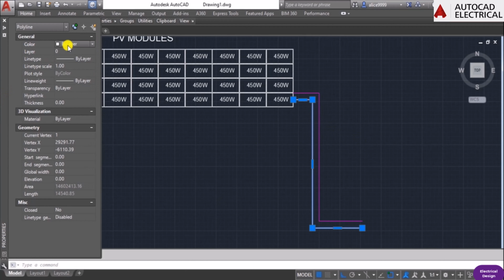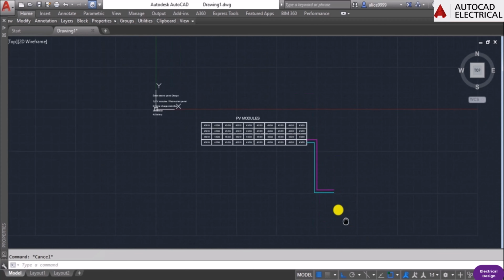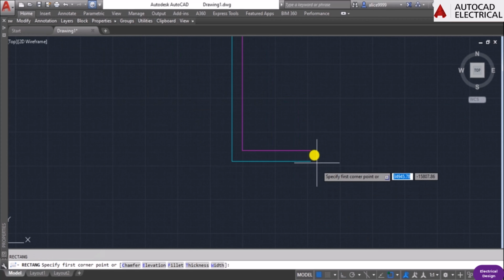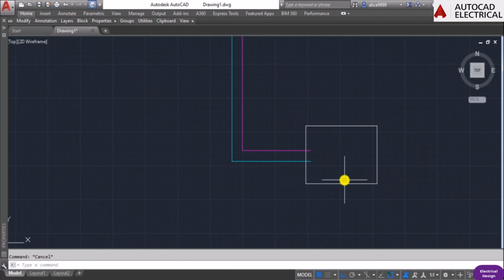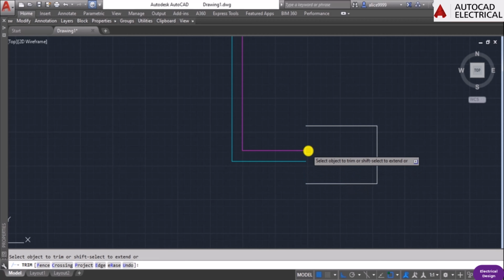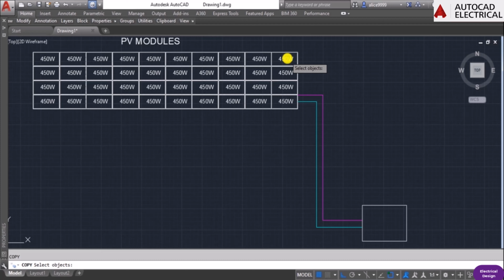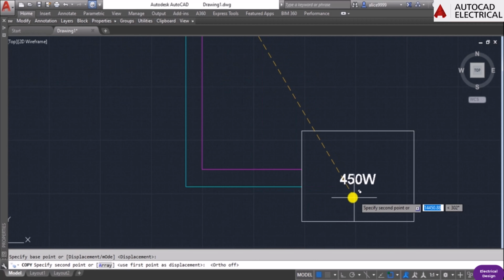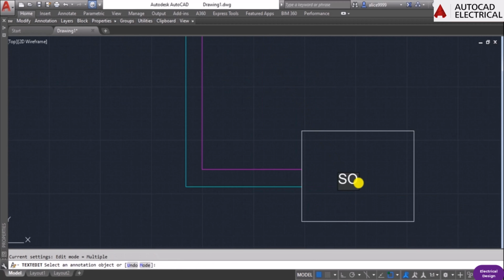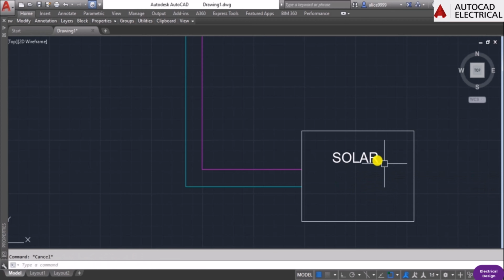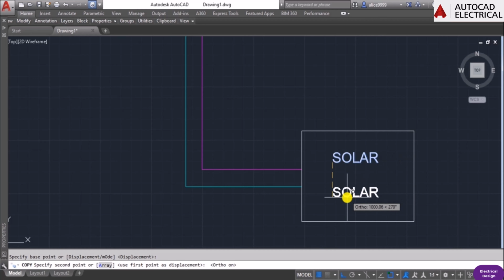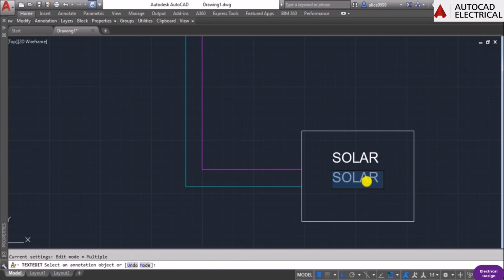The controller cable is required for the solar electric panel. So here is the solar charge controller.